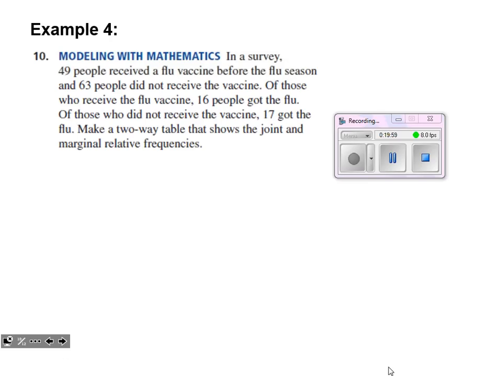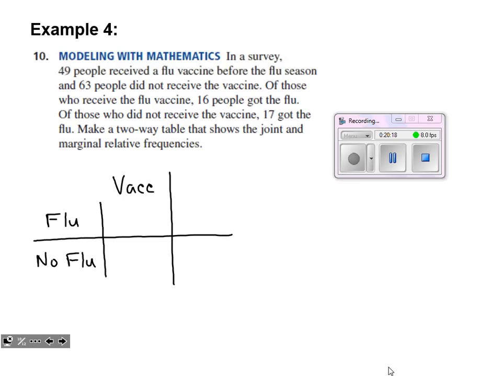So let's set up our table. We've got people that got the flu and those who did not get the flu. This would be like responding yes or no. Then we have people that did receive the vaccine and people that did not receive the vaccine.